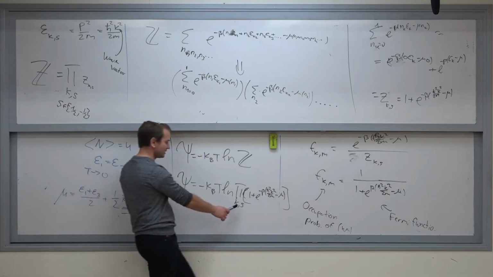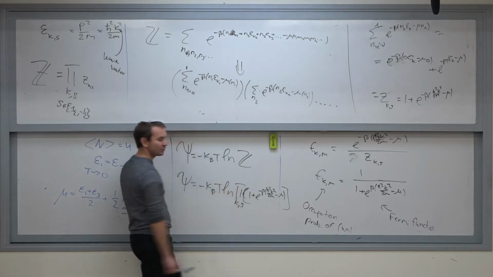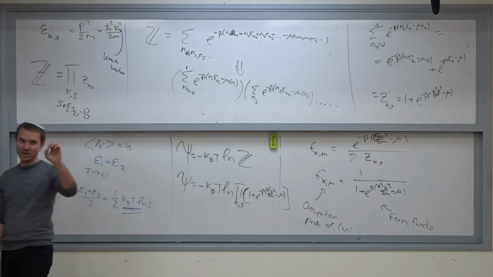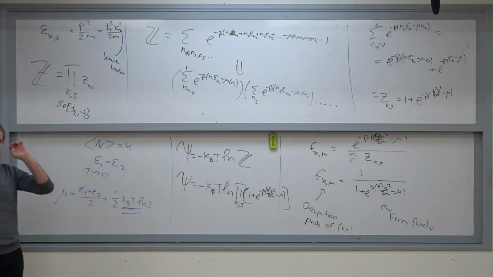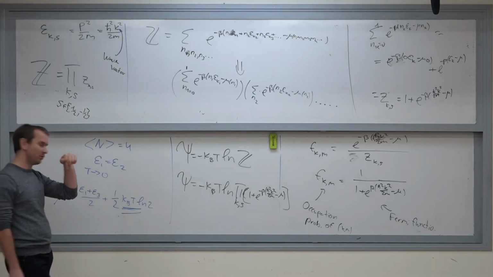Now look at this. What is the summation over, or I'm sorry, multiplication over s? It is just taking each term with a specific k to the second power, because for each k I have two particles. I have a degeneracy of two: one with spin up and one with spin down.